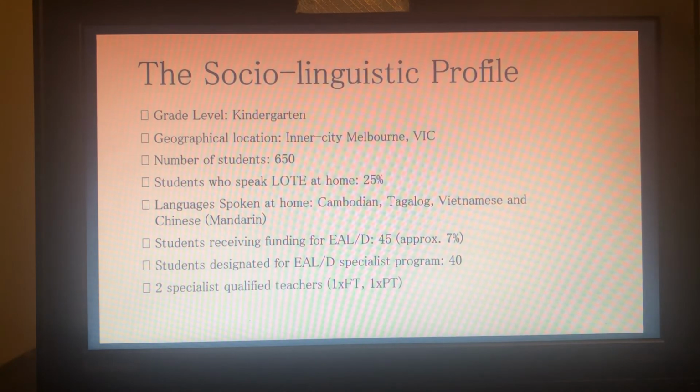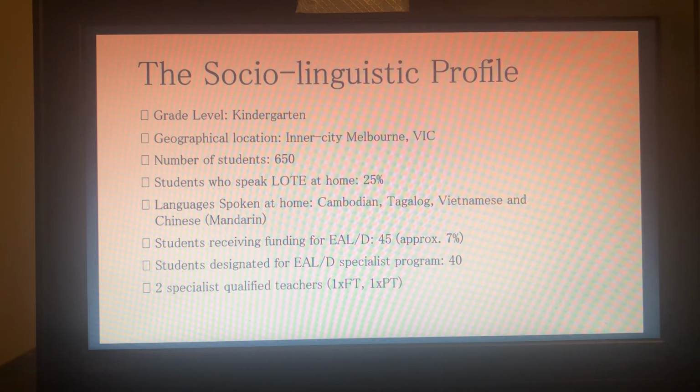Here is the sociolinguistic profile of our school. So the grade level we are focusing on is kindergarten. Our geographical location is the inner city Melbourne, Victoria. Being a multicultural metropolitan city, there are many EALD learners from a diverse range of cultures here. The number of students in our school is 650. The students that speak a language other than English at home is 25%.